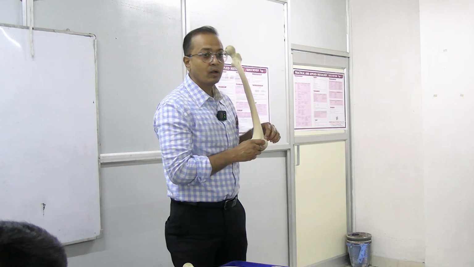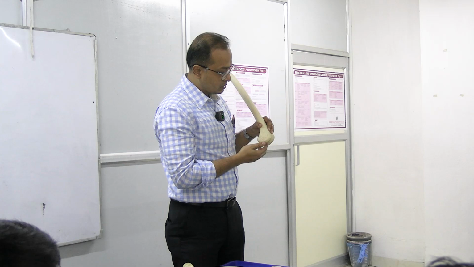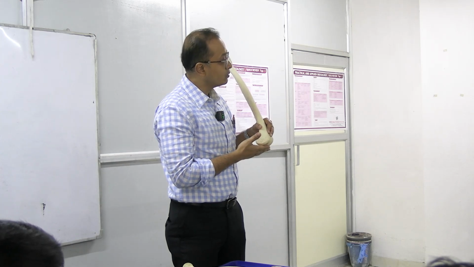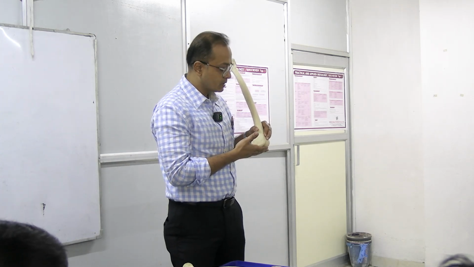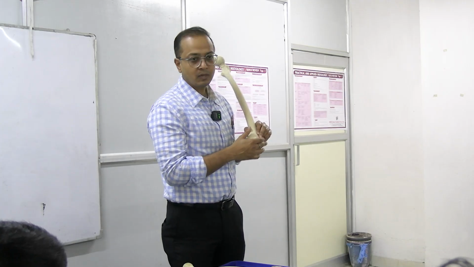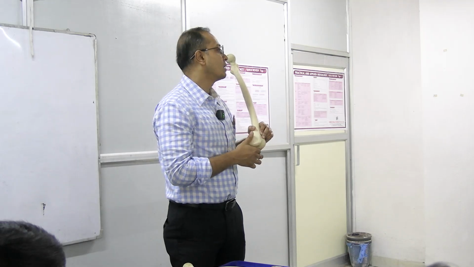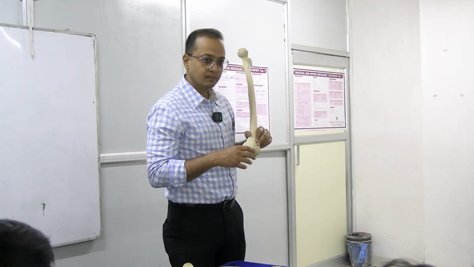So the patellofemoral joint is present here, and the tibiofemoral joint, which is the knee joint you are seeing here. The knee joint and the patellar joint are present on the anterior surface and are covered with cartilage, which we call hyaline cartilage.